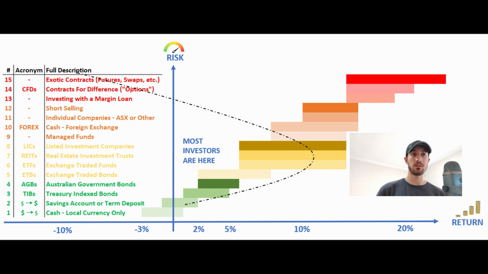If you're going to invest in real estate or individual companies, focus on the fundamentals. Make sure those companies have great assets, great management, and they're making cash. If you focus on those things and you stick within this sweet spot here on the graph with your investments, you're going to do pretty well over a long period of time.